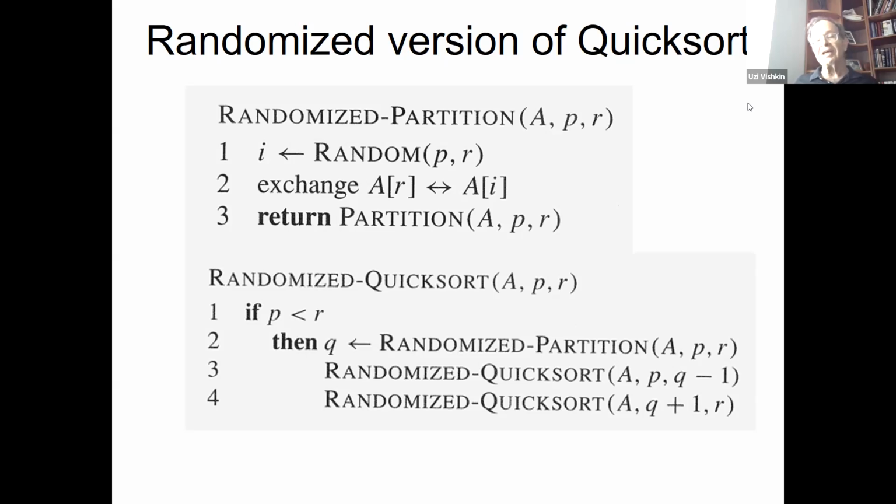Now, what is the next idea we can come up with? And here is where I'm trying to communicate with your mathematical intuition. So the question is, how can I still apply probabilistic analysis to a situation where I cannot make an assumption that the input is random?